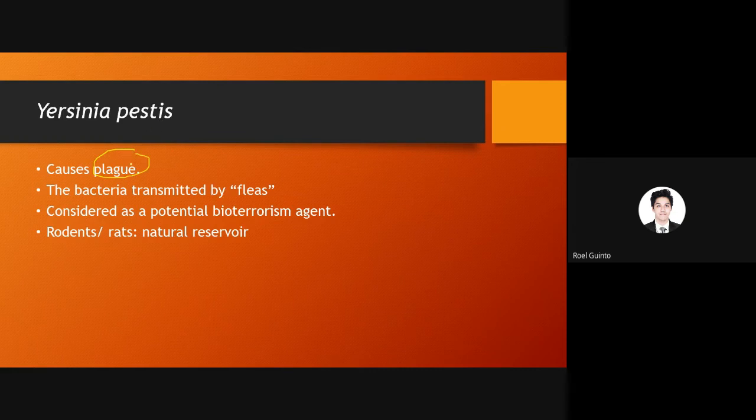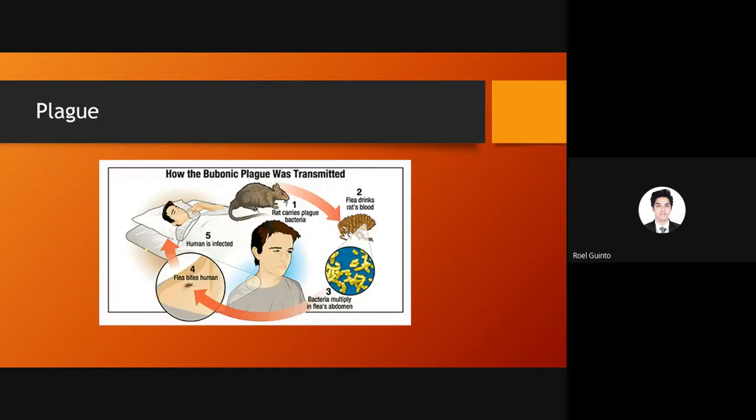So it is caused by Yersinia pestis. So this bacteria can be transmitted via fleas. So, considered as potential bioterrorism agent. So, paano din siya natatransmit? Kasi guys, this Yersinia pestis can be isolated in rodents or rats, which is the natural reservoir of this microorganism.